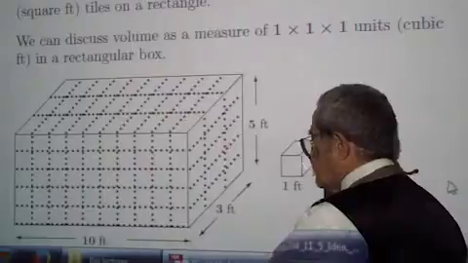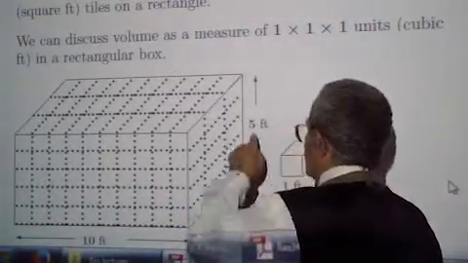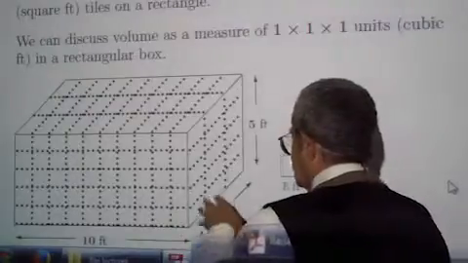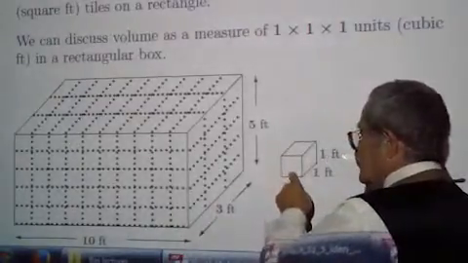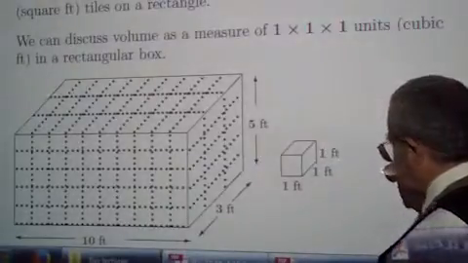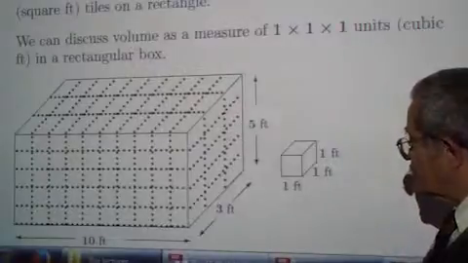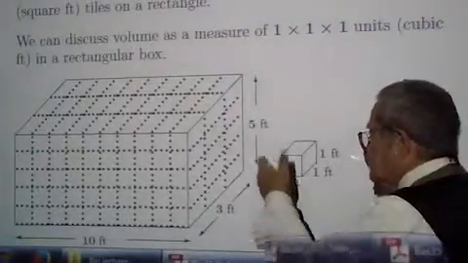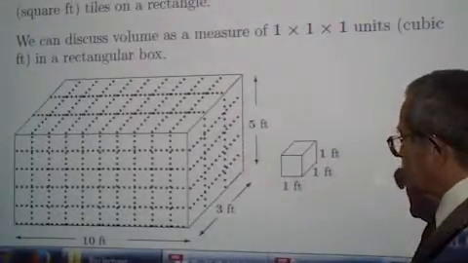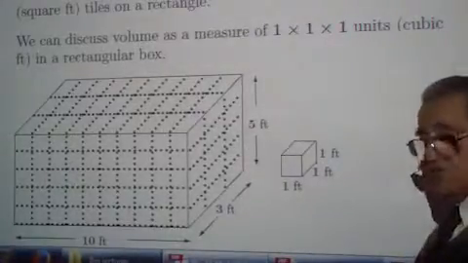On the bottom floor, you have 10 times 3 or 30, and how many floors are there? 5. You should have 30 times 5 or 150 boxes that you can store in here. All the boxes are the same size. Does this make sense? That's a measure of volume. The more boxes you can store, the more volume you have. Or vice versa, the more volume you have, the more boxes you can store.